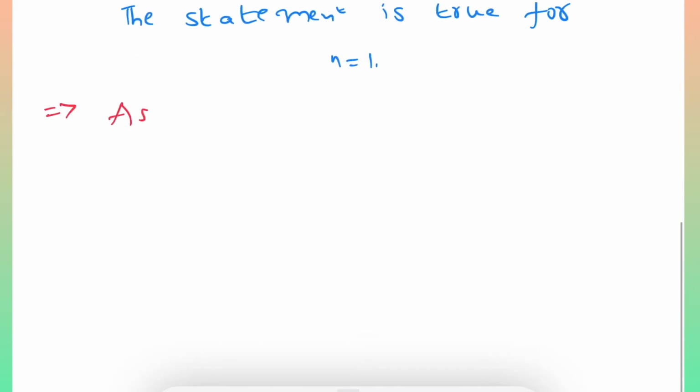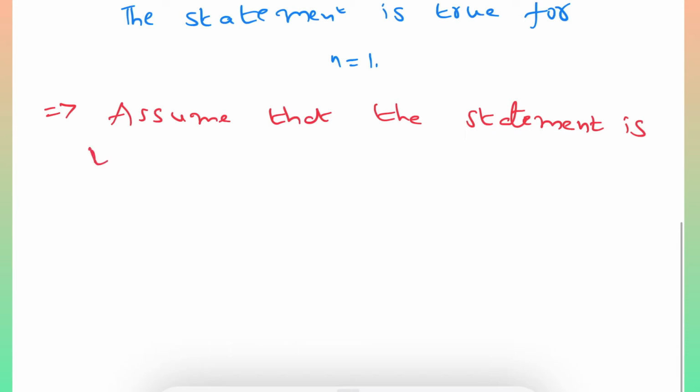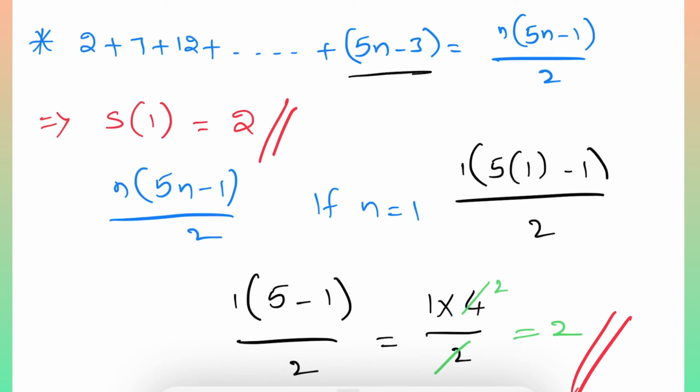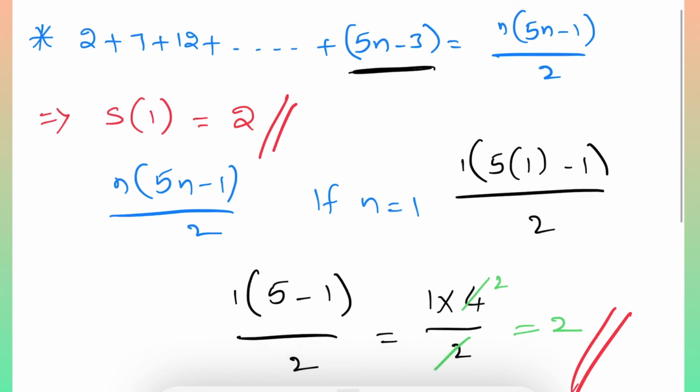Assume that the statement is true for n equals k. In the given question, wherever we have n, we need to substitute k. So the question is 2 + 7 + 12 and so on + (5n - 3), and in place of n we substitute k.